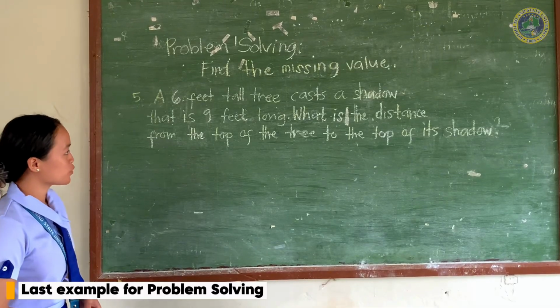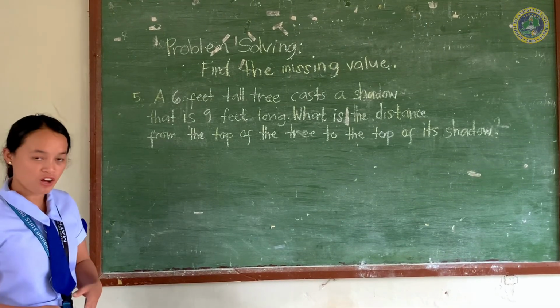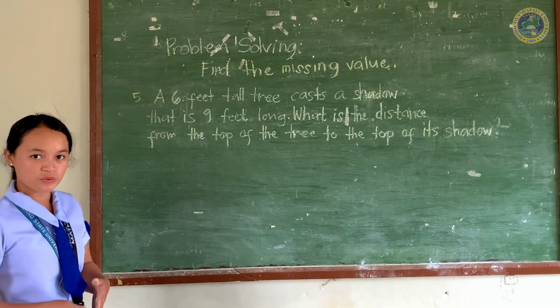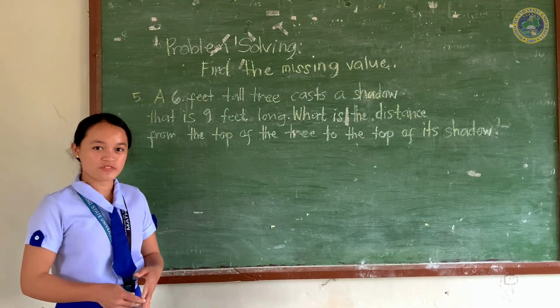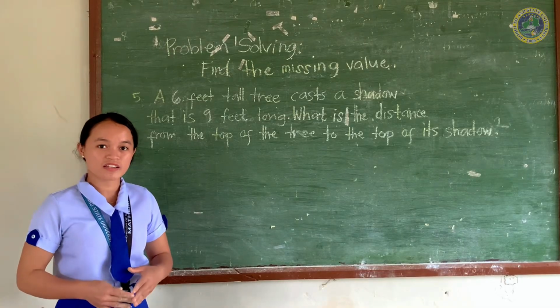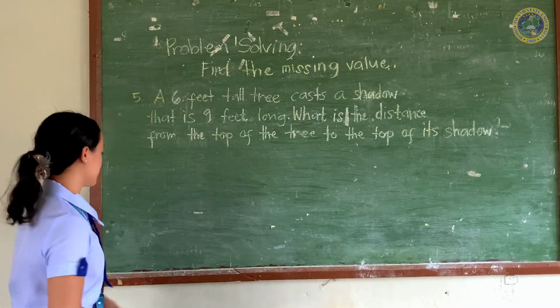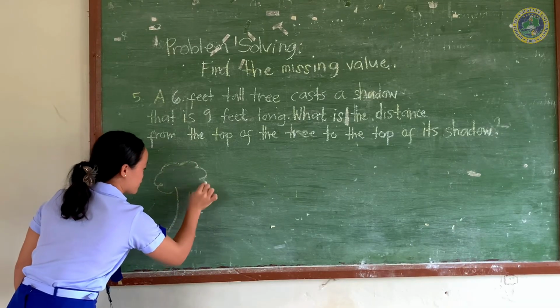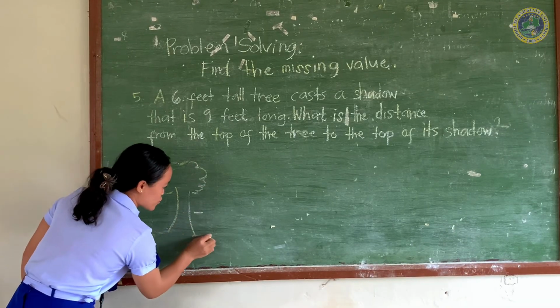So here's the last problem. A 6 feet tall tree has a shadow that is 9 feet long. What is the distance from the top of the tree to the top of its shadow? So let's illustrate the given so that we can easily identify the missing line. So let's draw a tree and its shadow.